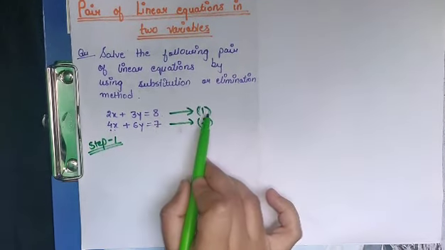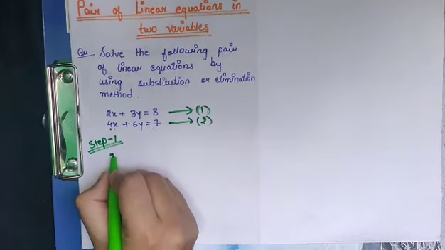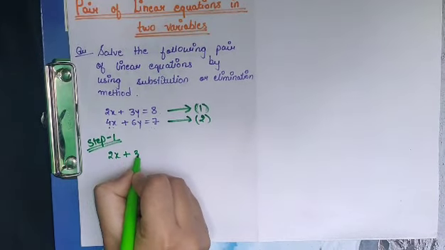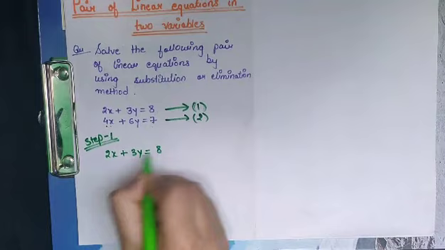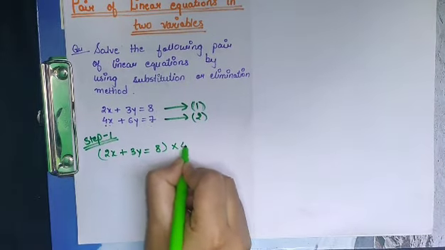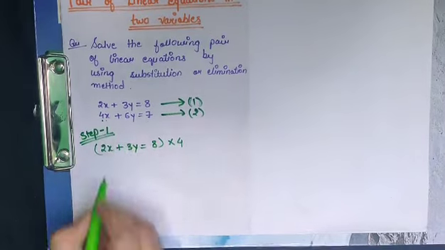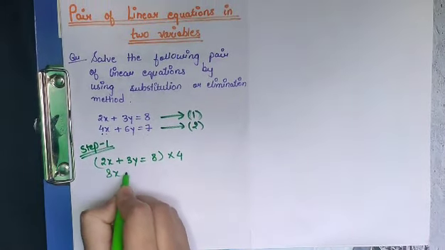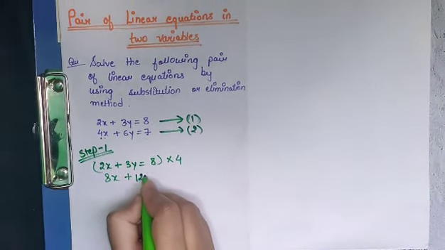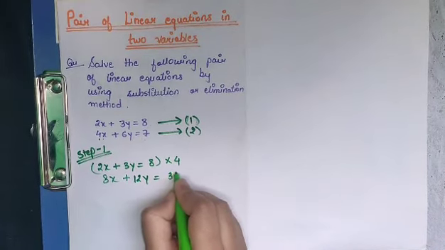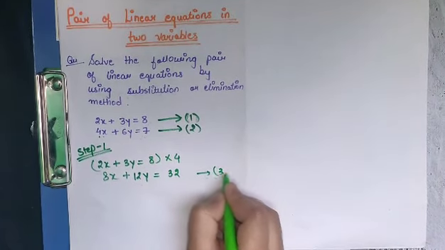So we will multiply equation 1 by 4. 2x plus 3y equal 8 multiply by 4. So 8x plus 12y equal 32. This is our third equation.